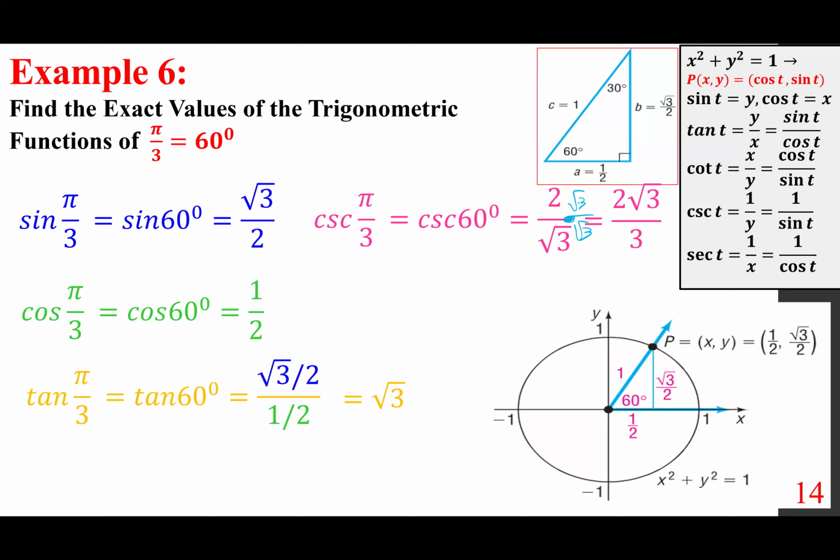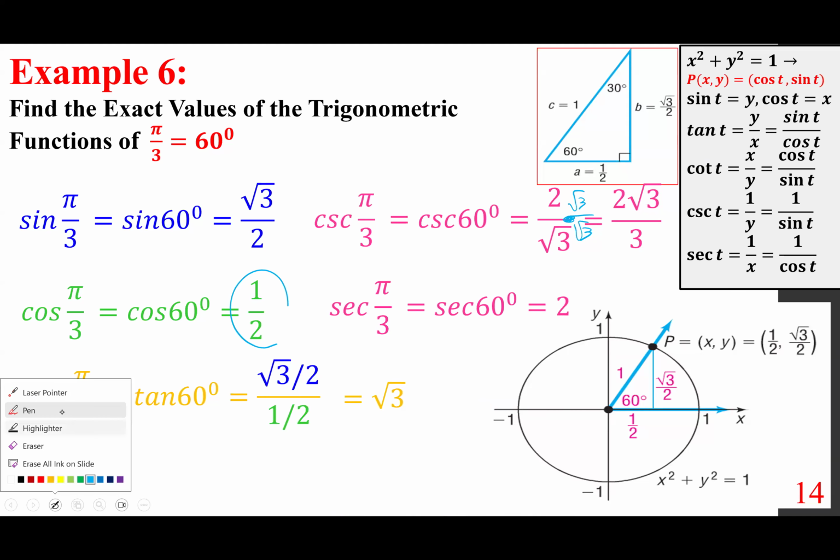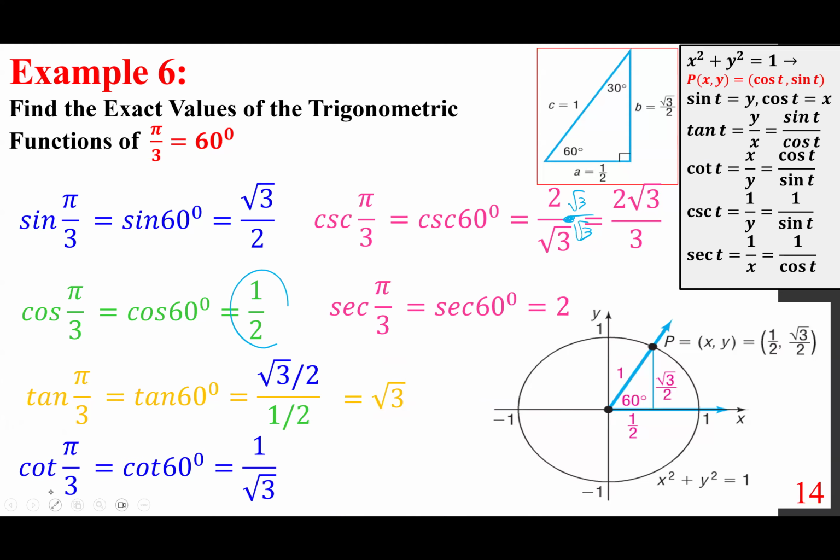Secant of pi over 3 or secant of 60 degrees is the reciprocal of this number, 2 over 1, 2. Cotangent is the reciprocal of this number, 1 over square root of 3, and if I rationalize it, I get square root of 3 over 3.